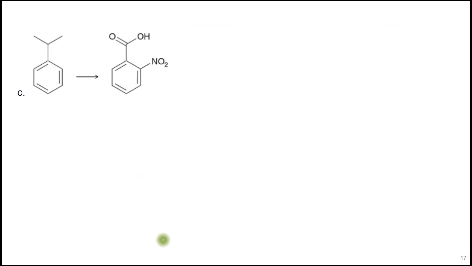In this one here, I notice that I have oxidized my benzylic hydrogens. And I have an ortho nitro. Okay, so in this case, I do need to use a blocking group because my nitro group needs to be ortho.